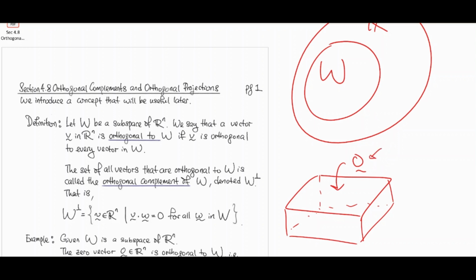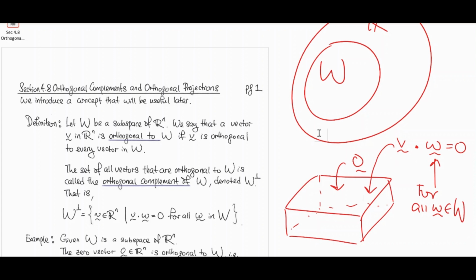This is one of the obvious choices. There might be other vectors we don't really know, but suppose we found a vector v such that v dot w is equal to 0 for all, not just for one of them, but for all w in W, then this v will be put into this box.